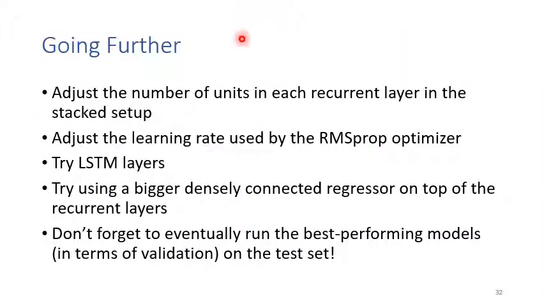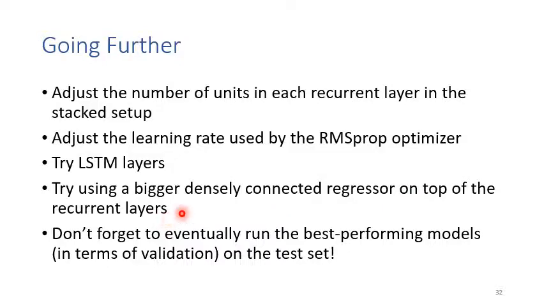There are many other techniques we can try to make our model better. We can adjust the number of units in each recurrent layer in the stacked setup, or we can adjust the learning rate used by the RMSprop optimizer, or even try a different optimizer. And we can try LSTM models instead of GRU model. Also, we can try a bigger densely connected regressor on top of the recurrent layers.